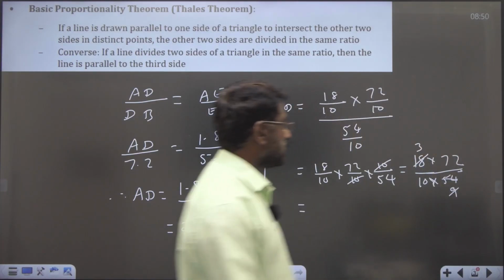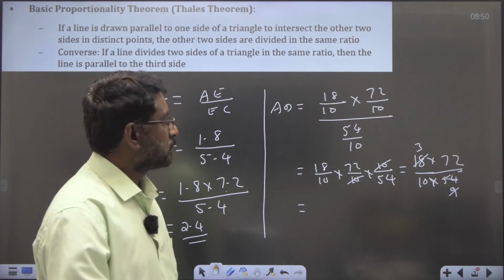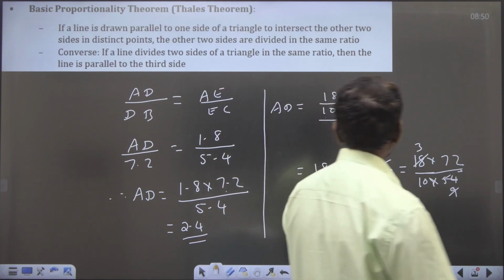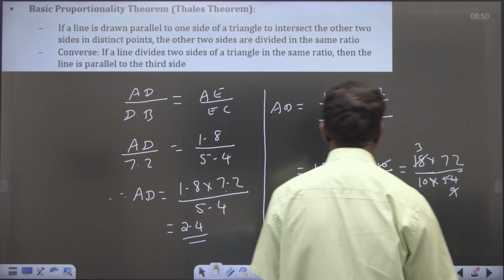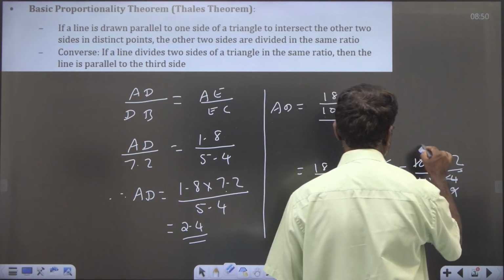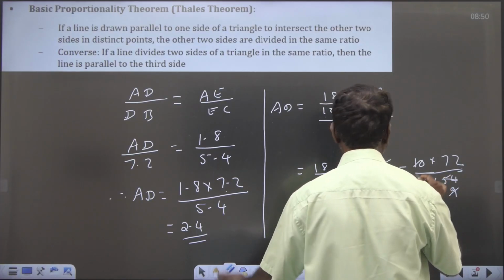Then simplify this. You can simplify 18 into 72 with 18.